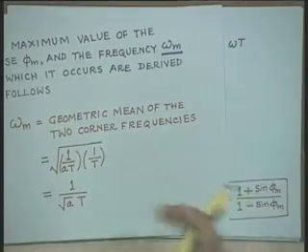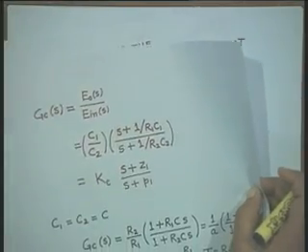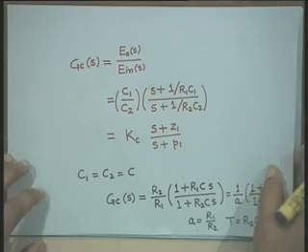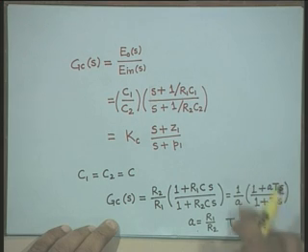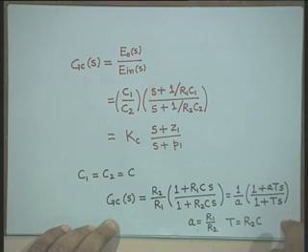For this transfer function G_c(s), for s equal to j omega, let us write down what is the phase angle of this transfer function.